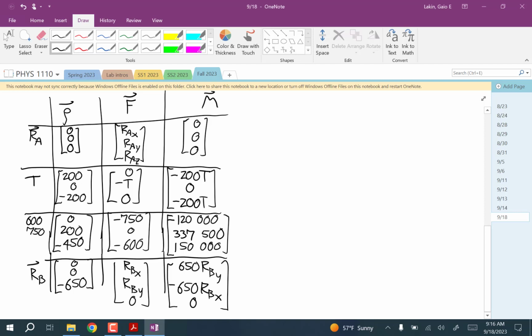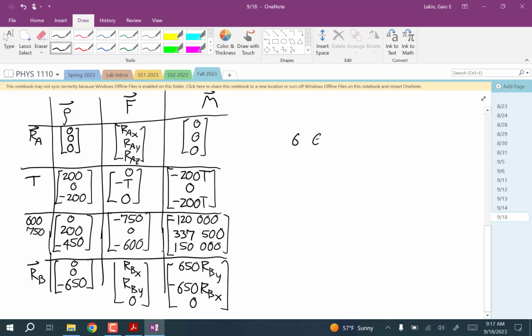Then for moments, x, y, z. So we have non-trivial equations for all 6 of these component equations. And for variables, we need 6 variables. We have 3 there, 4, 5, 6. So it should hopefully work.